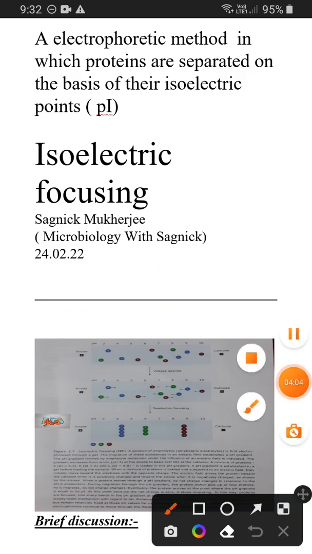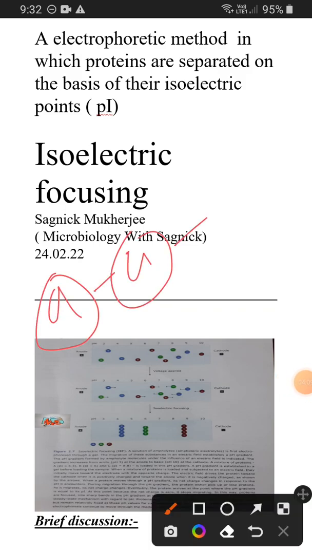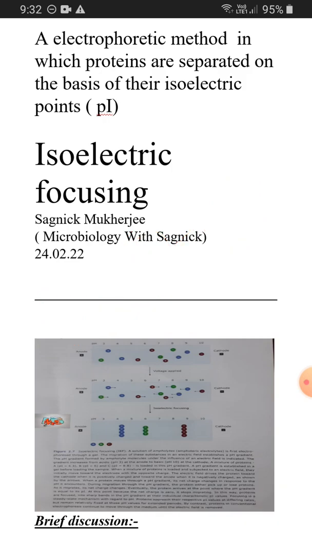Now we all know that a protein is nothing but a polymer of amino acids, right? 50 to 100 amino acids joined together with the help of peptide bonds lead to the formation of a protein. So what goes on in the case of an amino acid will also apply in the case of our protein, because it is made up of amino acids.